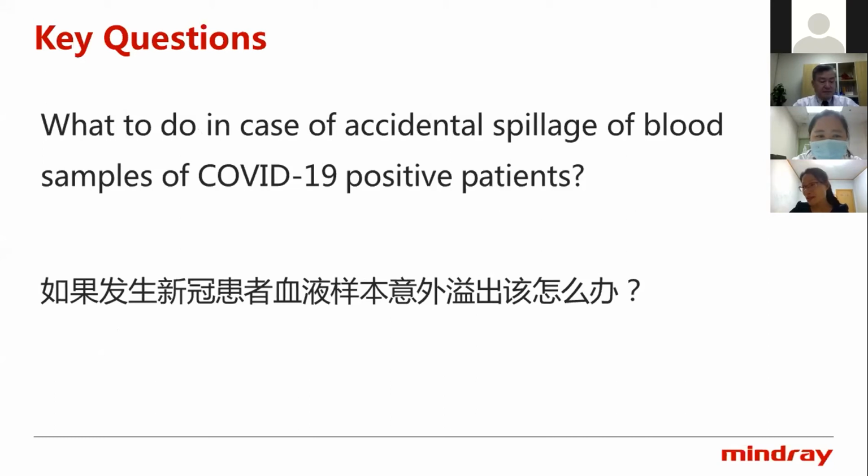For COVID-19 patients, when the blood specimen is spilled, according to China NHC's guidance on biosafety labs for COVID-19 testing and the biosafety lab provisions by China's NHC, if the blood specimen of COVID-19 is spilled and the table surface is contaminated, we can use the 5,500 milligram chlorine-based disinfectant to disinfect the surface.